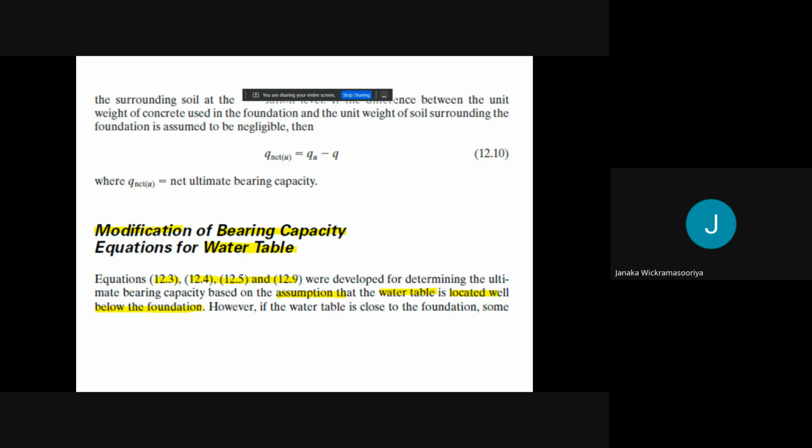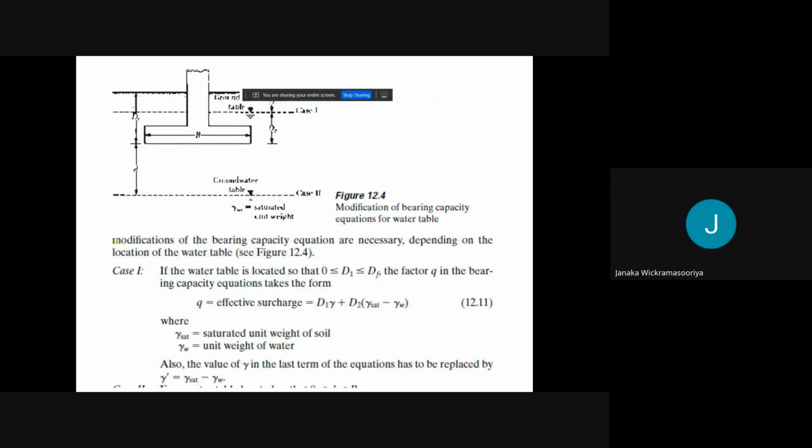The example that you did now assumed that the water table lies well below the foundation. Now we will see what happens if the water table is close to the foundation. Then some modifications of the bearing capacity equation are necessary, depending on the location of the water table.